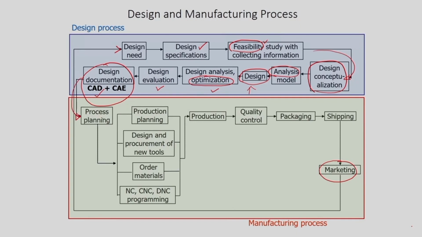Process planning is the start of the manufacturing processes. Process planning is another team of experienced engineers in the company. The process planners will make a plan and then send that to the production department. The production department has various activities like planning of the actual production, design and procurement of new tools if needed, otherwise we have to plan the production with the existing equipment.